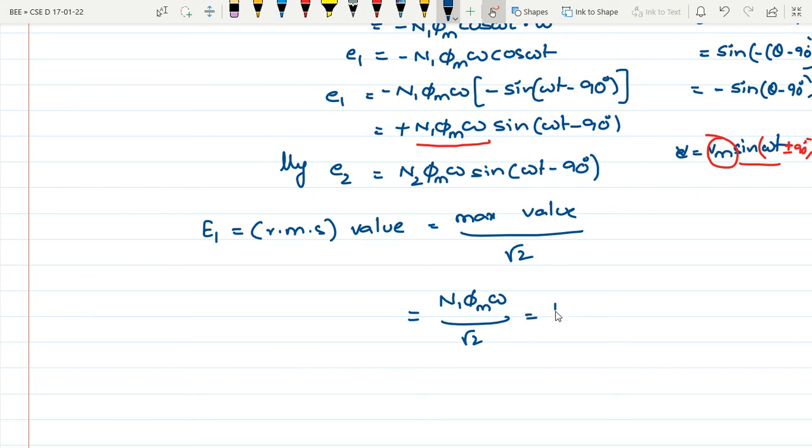So in place of omega, you can again substitute 2 pi f, N1 phi m 2 pi f by root 2. So 2 will cancel, so it becomes root 2 N1 phi m pi f.